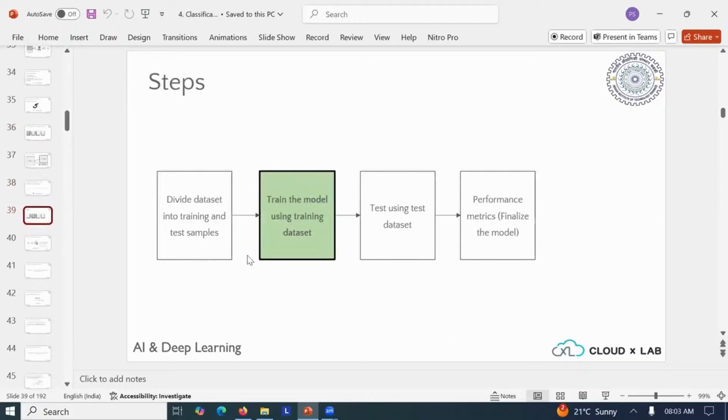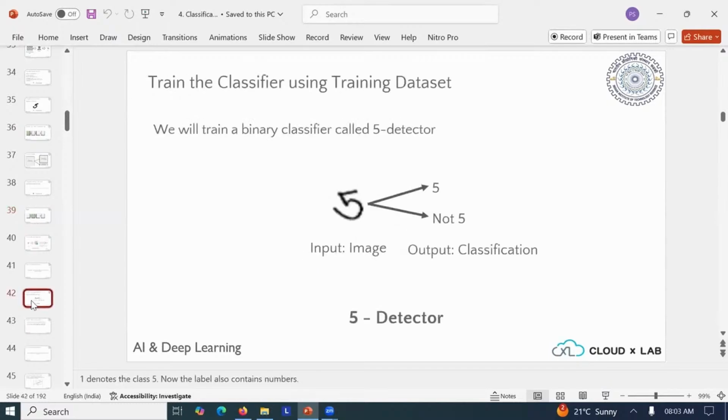So what we did in the previous session, we divided the data in two parts: a training part and a test part. The training part we use for training our model, and we evaluate the performance of our model using test data, right?